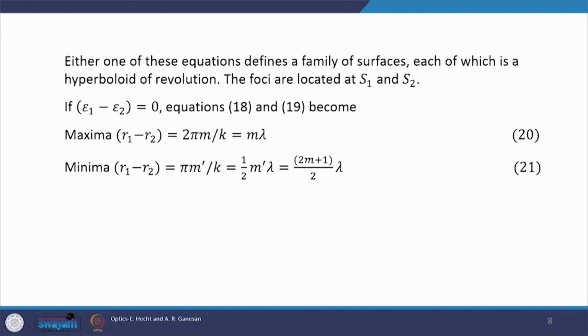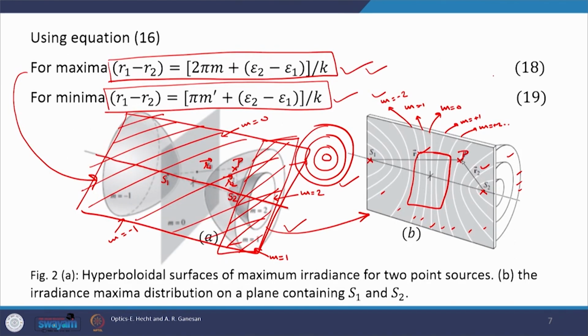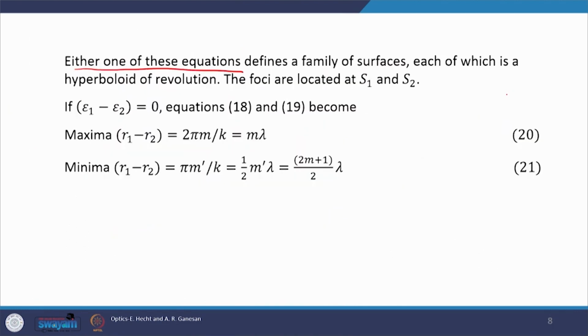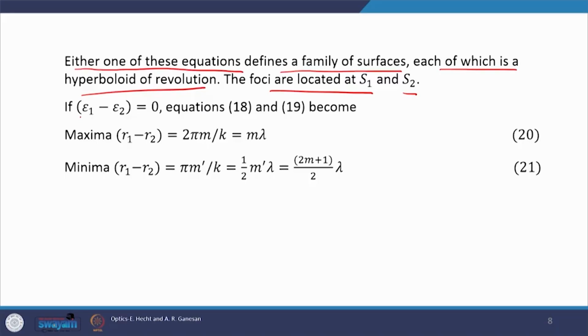Okay. Now, as I discussed earlier, equation number 18 and equation number 19 define a family of surfaces, each of which is a hyperboloid of revolution, and the foci are located at sources S1 and S2. Now, let us consider a particular case when the waves emanating from the two sources are in the same phase.